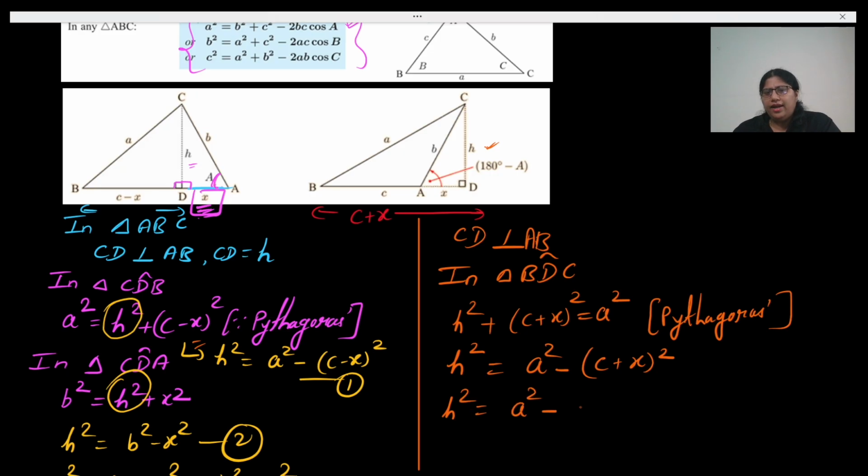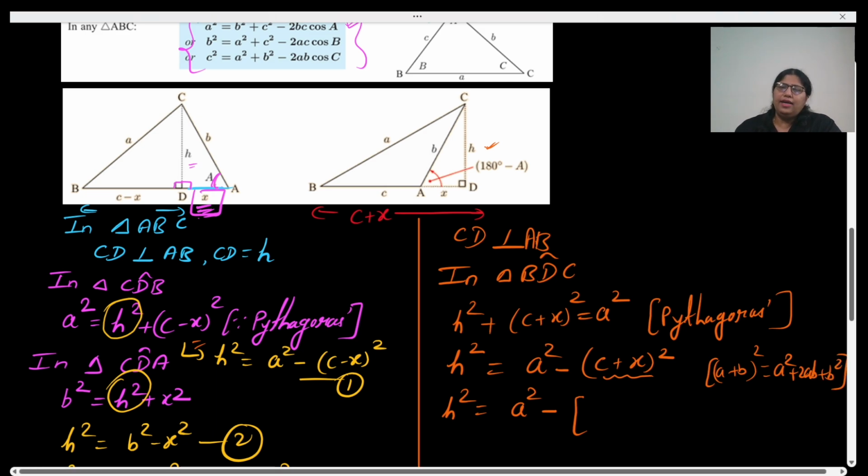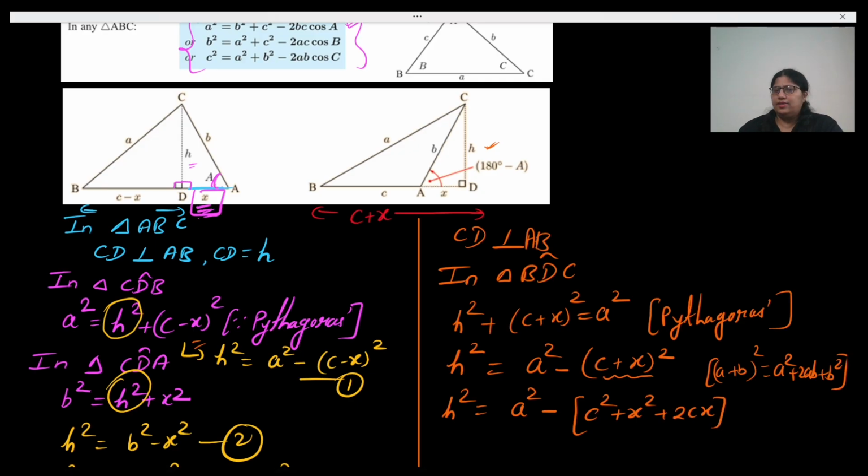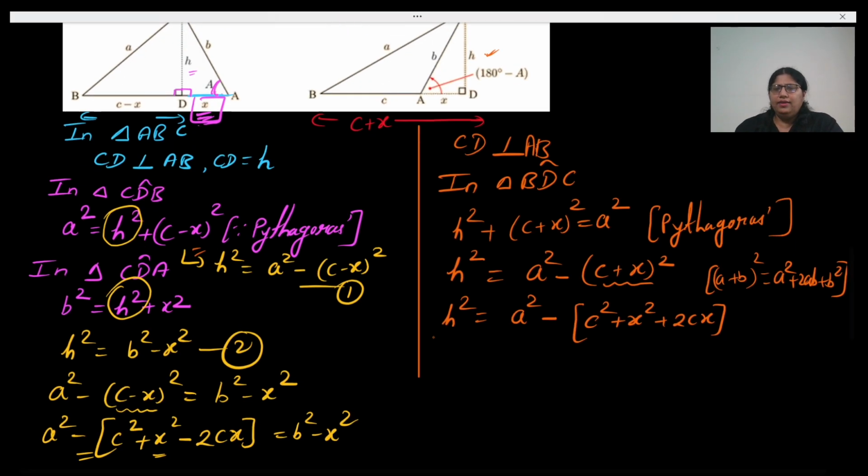So if I open the bracket, again you will use the identity a plus b whole square, which is a square plus 2ab plus b square. If I use this identity, I'll get c square plus x square plus 2cx. Now open the bracket here. This is h square, which is a square minus c square minus x square minus 2cx.